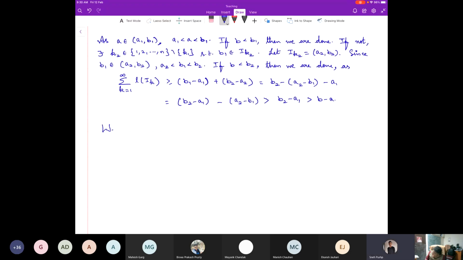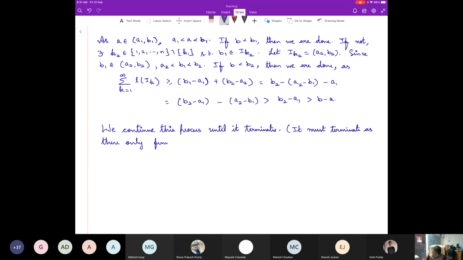So we continue this process until it terminates. In fact, it must terminate as there are only a finite number of intervals.